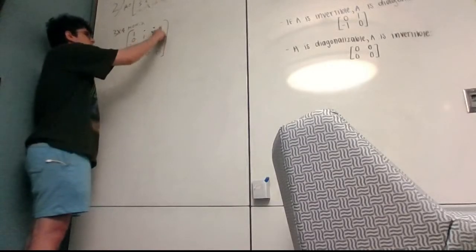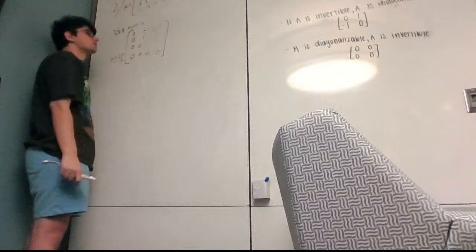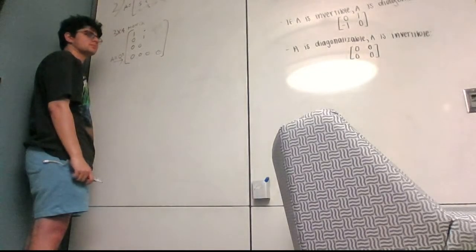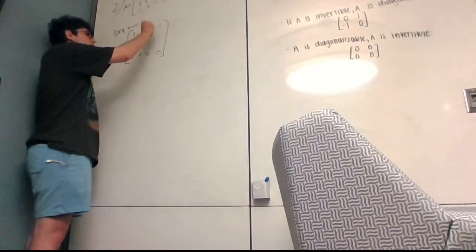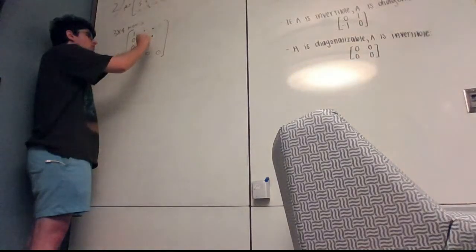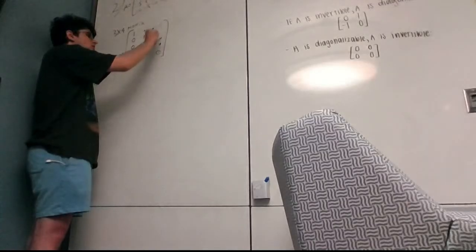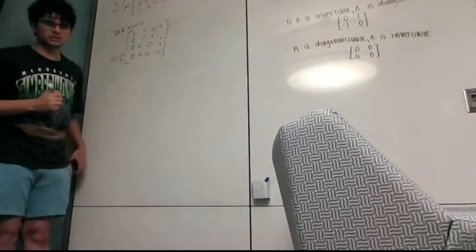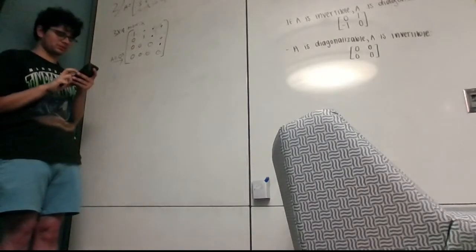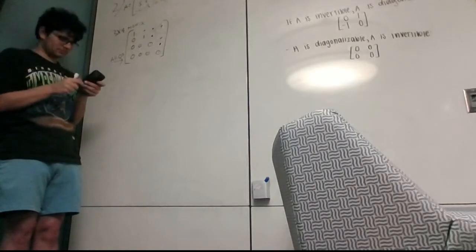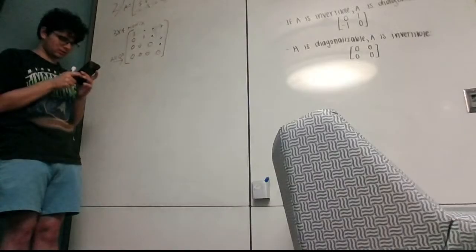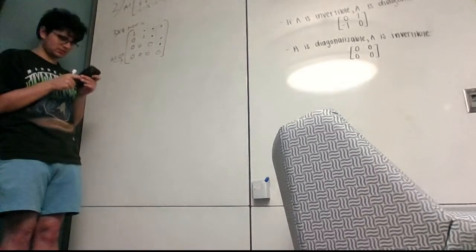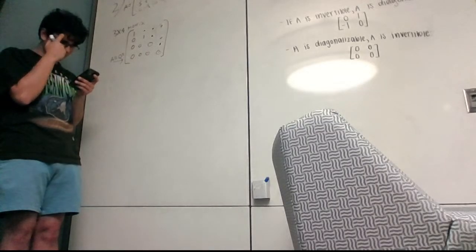I actually don't know. Hold on. Wait. Okay, I need to review this just to be sure. I don't use row echelon form that much since I'm a bit rusty with it. Row echelon form definition, just need to make sure.